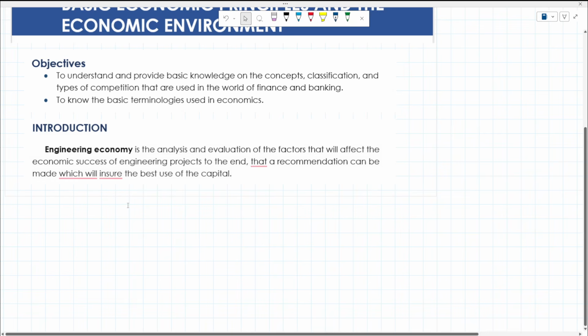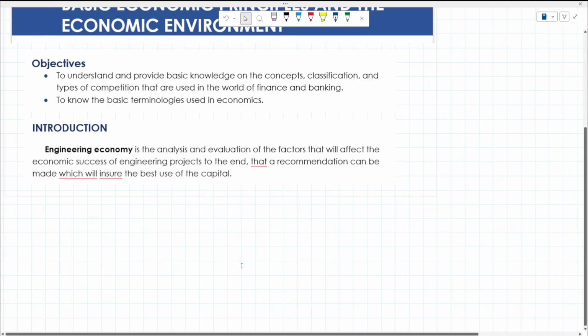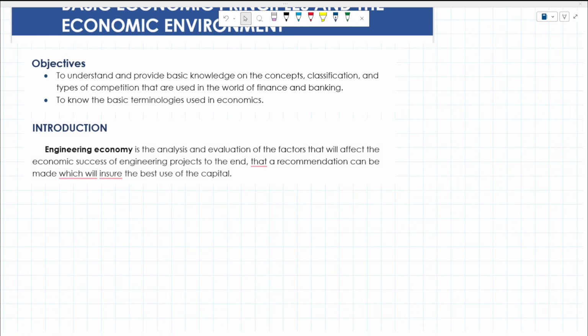Ang pagkakaiba ng ensure and ensure, well, they are interchangeable. But when we differentiate it, insure, in a simple sense, means to buy or to provide financial protection, typically with the use of an insurance policy.